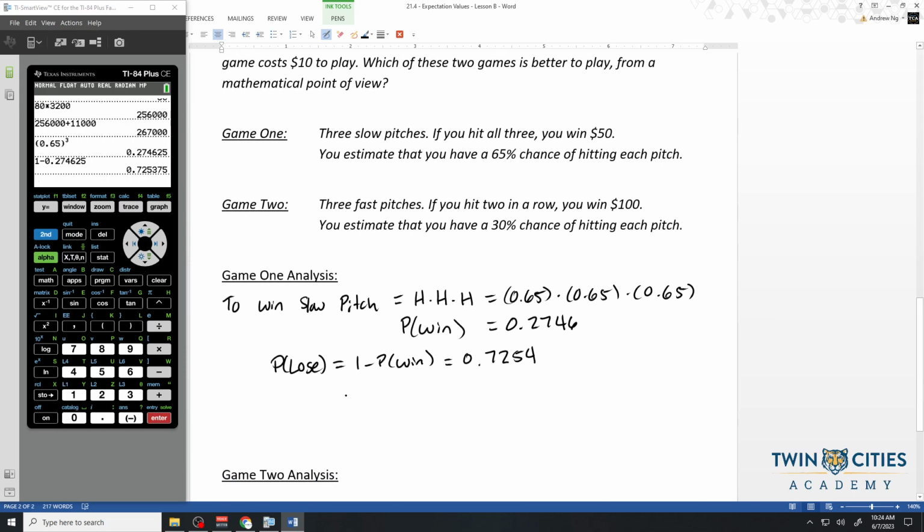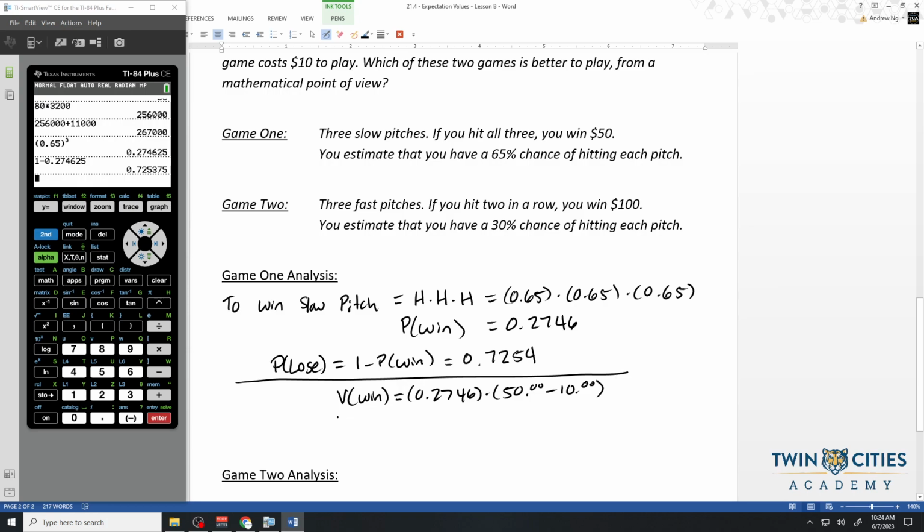So let's do the value. The value of win is going to be the probability that you win, 0.2746, times the outcome, I win $50, minus the cost, $10 to play.